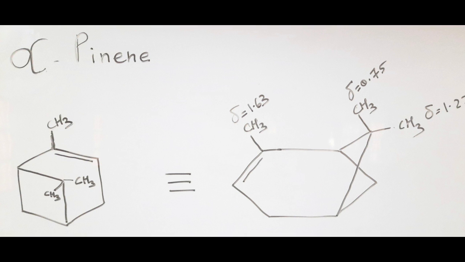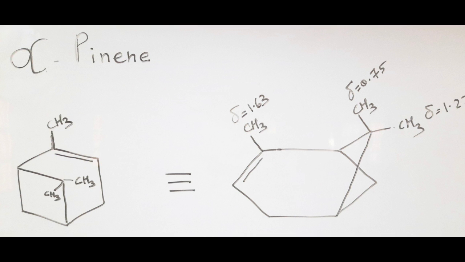Here, the two methyl groups attached to the same carbon in alpha pinene are the gem dimethyl groups. One methyl group is lying in a shielded area and the other methyl group is lying in a de-shielded area. As a result, the two methyl groups experience different magnetic fields. The chemical shift values are different.